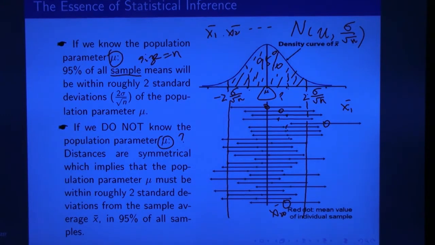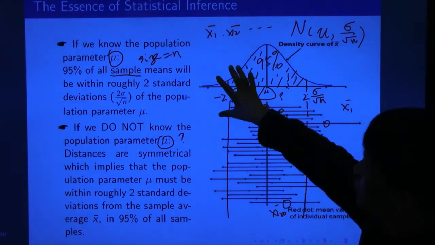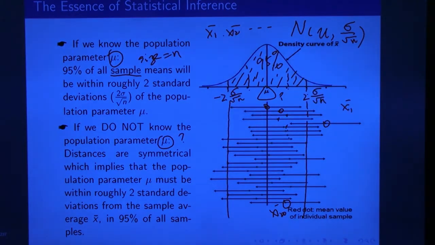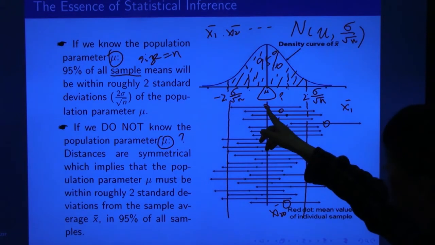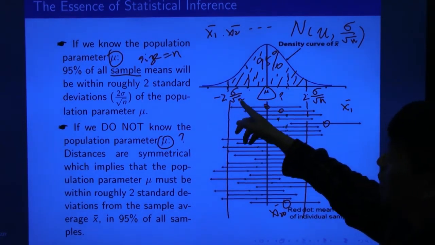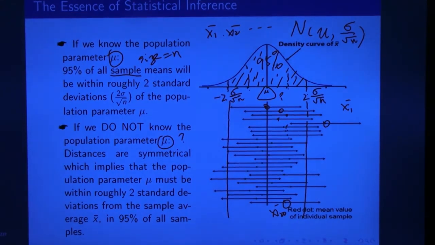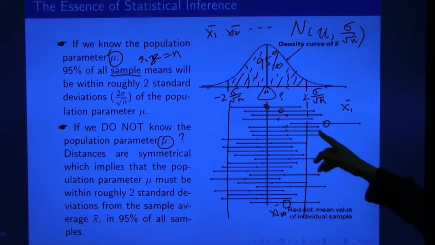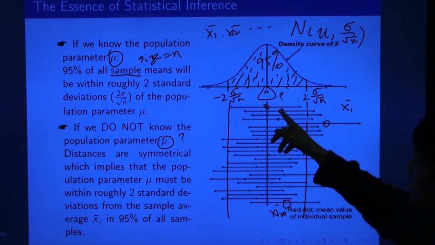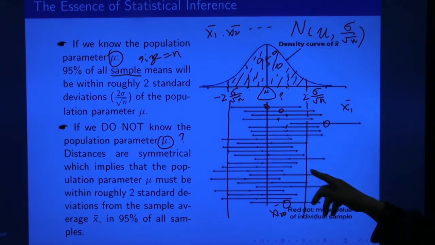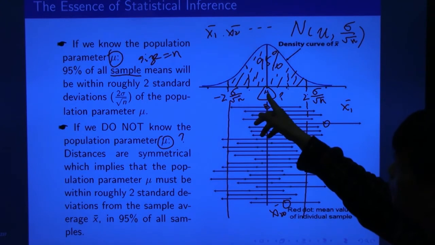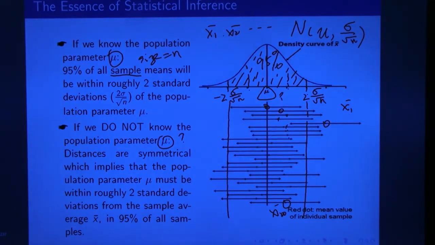We still try to use the fact that we already discussed in the first point. Let's see it this way. Once I get the first one, I know this one is possibly within plus minus 2 standard deviations. And if we get the second one, this one may also be within mu plus and minus 2 standard deviations.